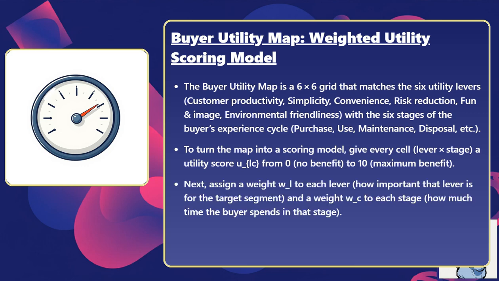Next, assign a weight W_L to each lever, which reflects how important that lever is for the target segment, and a weight W_C to each stage, which reflects how much time the buyer spends in that stage. The overall weighted utility is capital U equals the sum over L equals 1 to 6 of the sum over C equals 1 to 6 of W_L times W_C times U_LC.